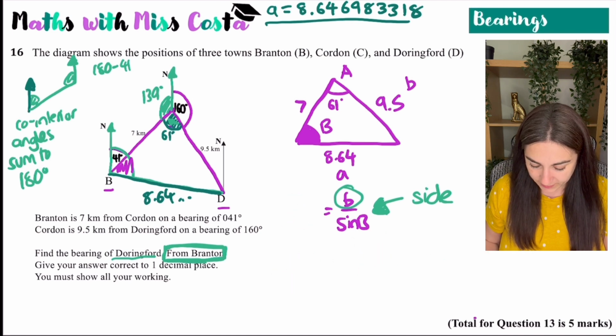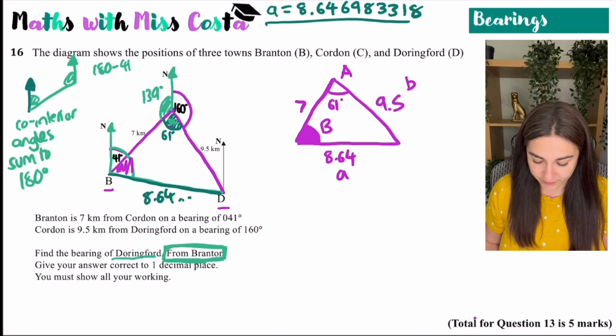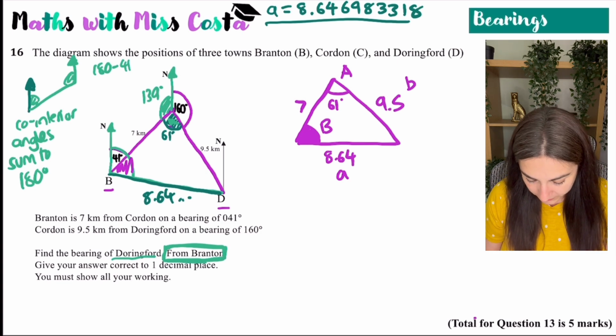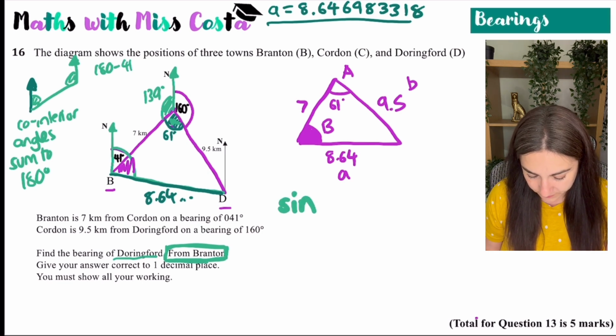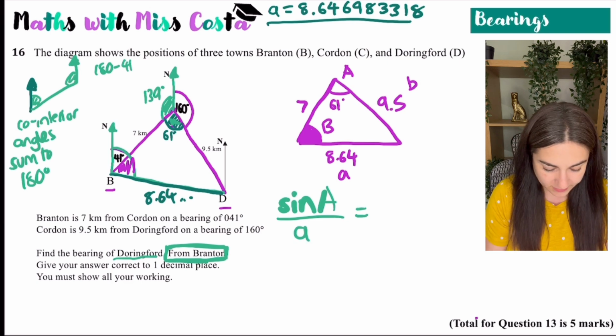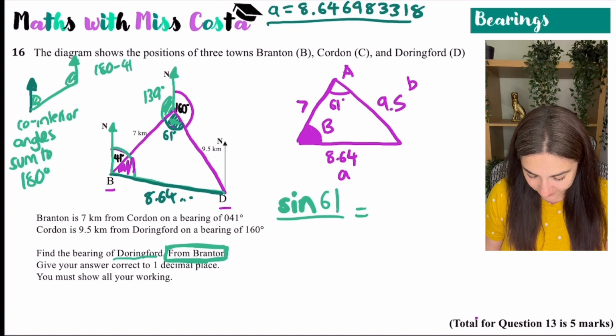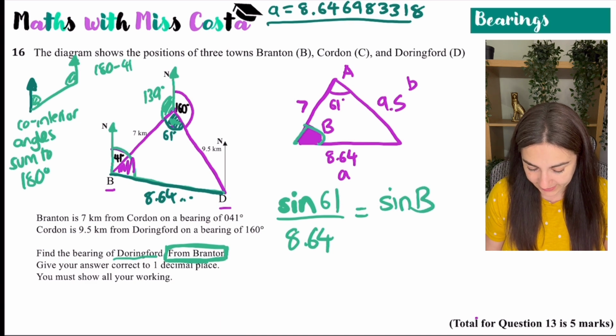So I'm trying to work out the angle, so I'm going to use the second version where the angle is on top. So sine A over A is equal to, substituting, sine 61 over 8.64 is equal to sine B, which I don't know, over 9.5.